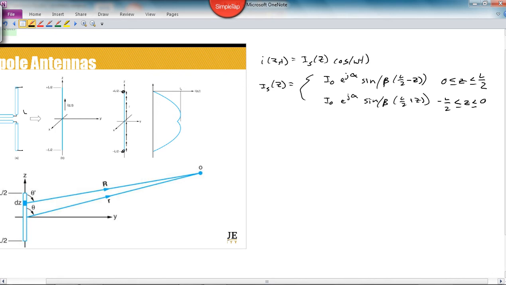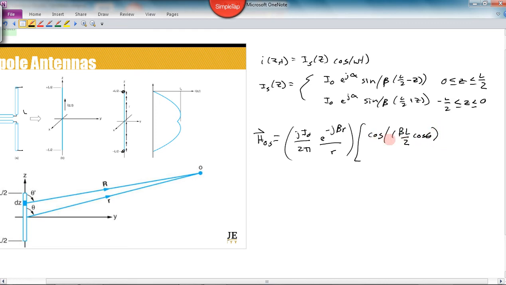And the magnetic field strength at any point O away from a dipole antenna here is going to be given by H. The magnetic field strength at point O in its phasor form is going to be equal to j times I0 over 2 pi times e to the minus j beta r, all divided by r. And so that looks familiar, right? Now we're going to multiply that by cosine of beta times L over 2 times cosine of theta.